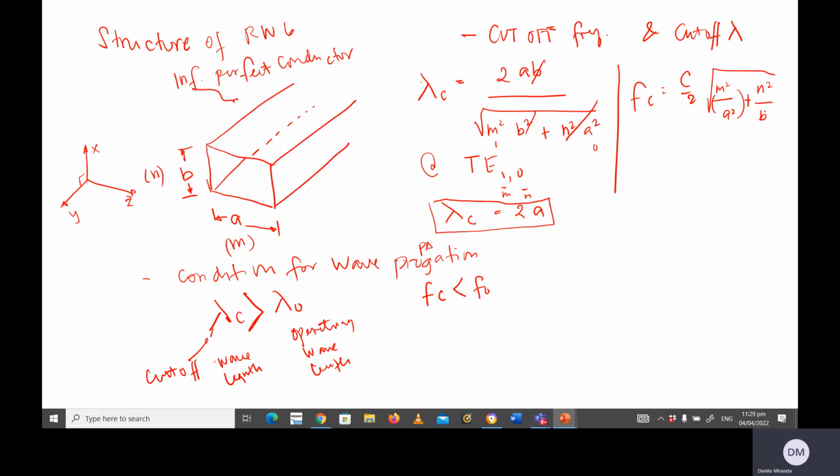Okay. Ayan. So at TE10, your FC is C over 2A. See, this will be the correlations of cutoff.